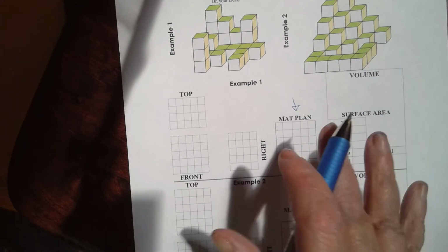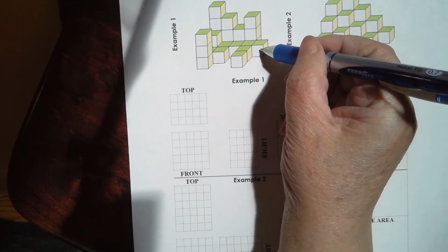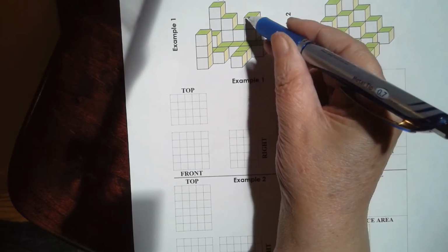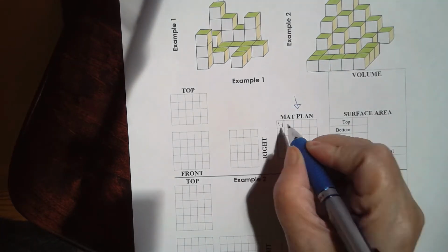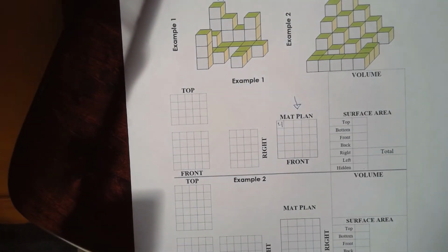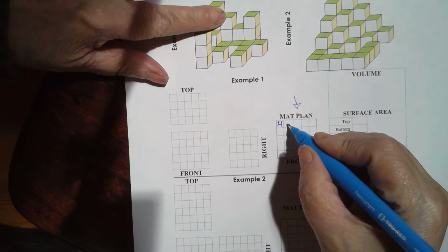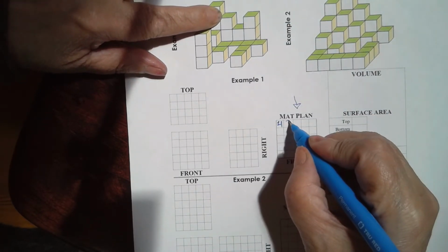And so on. When I look at this, I can see that this is the level of 1 block, 2 blocks, 3 blocks. So in that back corner, we really have 4 blocks. Next to it is 3 blocks.